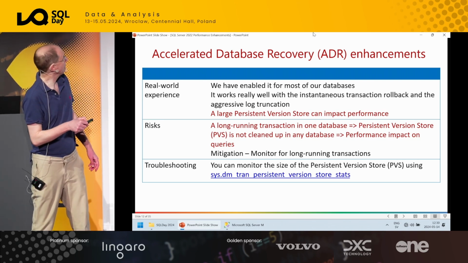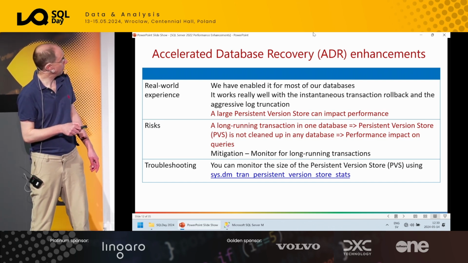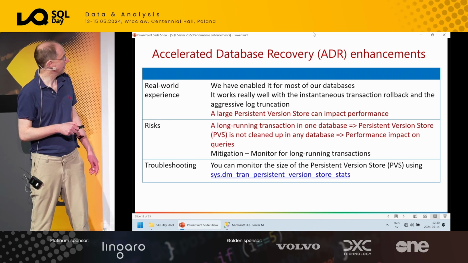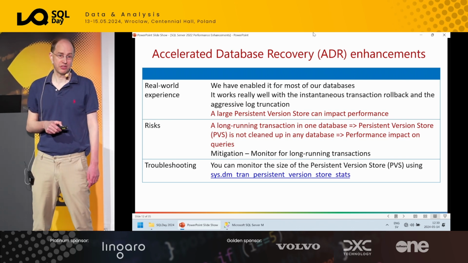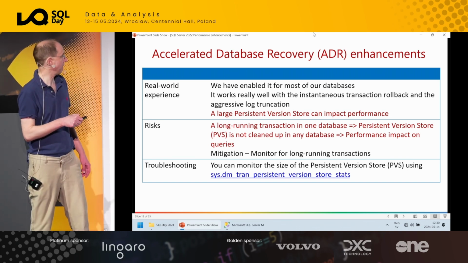Basically, you have long-running transactions, the persistent version store is not doing any cleanup, and then you can see performance impact on some queries. So what we have been doing is monitoring for long-running transactions and trying to avoid that. Overall, it's a really good feature, but it's just something to be aware of.